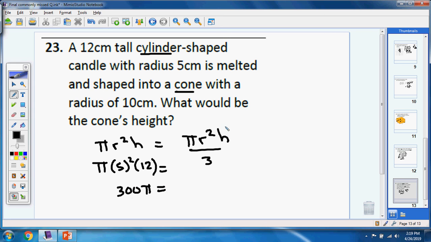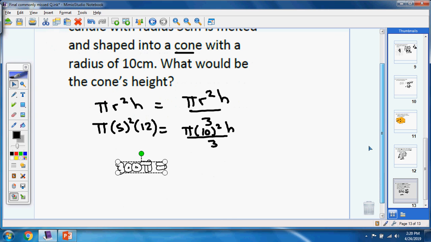On your cone, radius of 10, what would be the height? Let me move this down just a little bit. So 10 squared is obviously 100, and if you divide that by 3, that's going to be 33.3 repeating pi h.